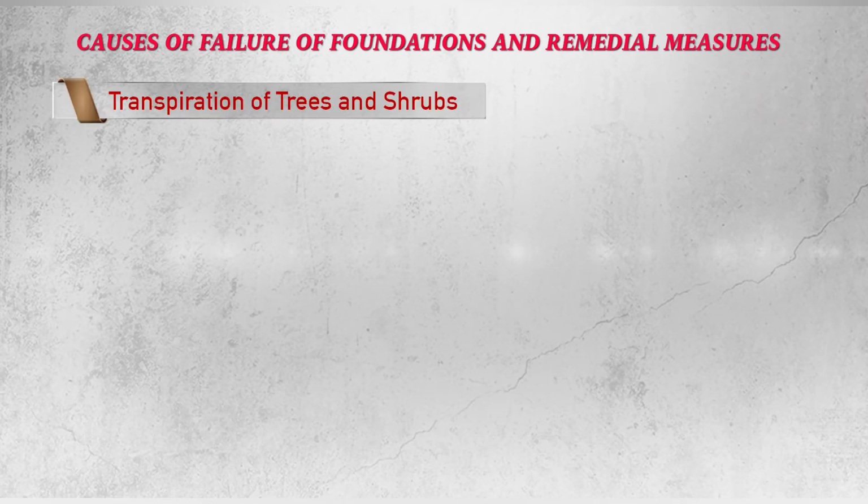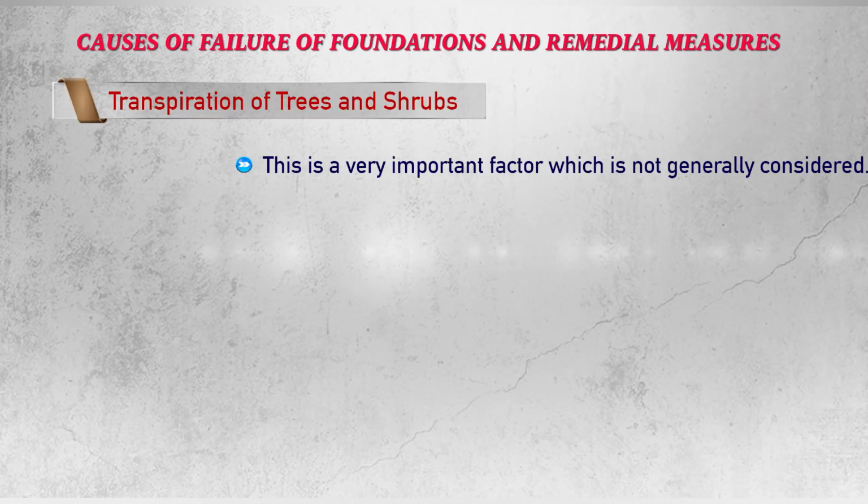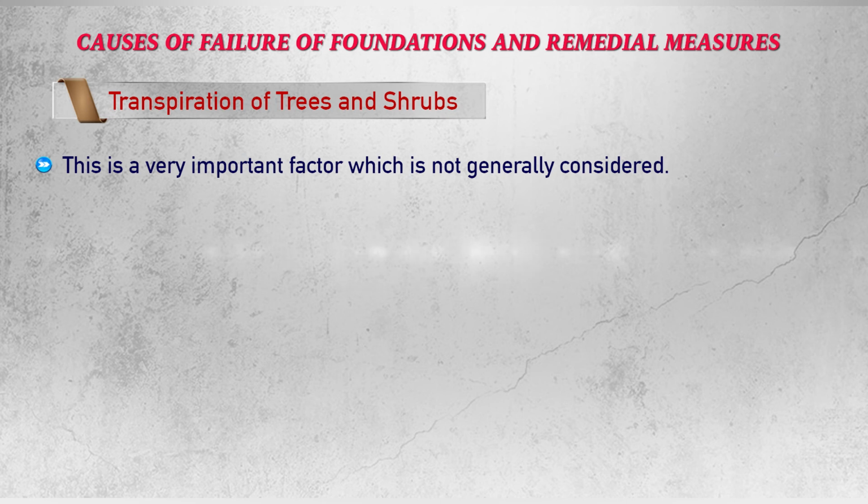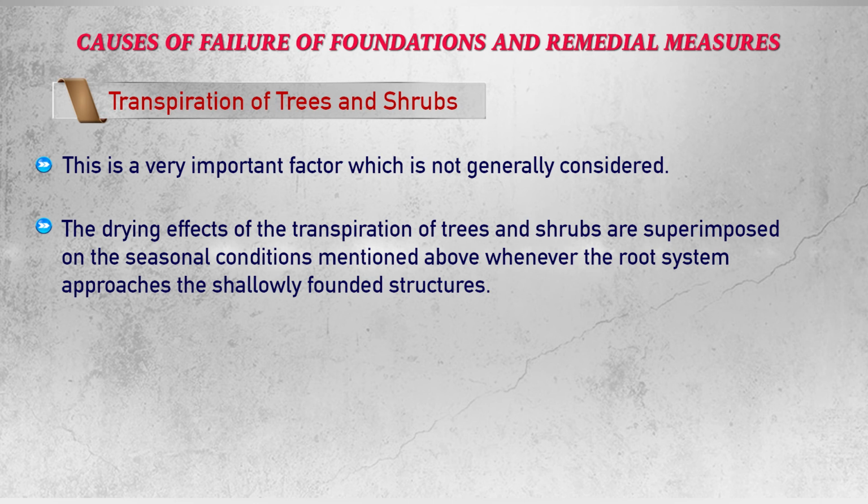Then we move next to the transpiration of trees and shrubs. This is a very important factor which is not generally considered. The drying effects of the transpiration of trees and shrubs are superimposed on the seasonal conditions mentioned above.